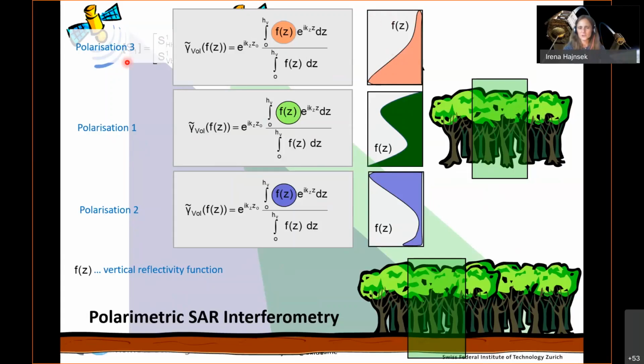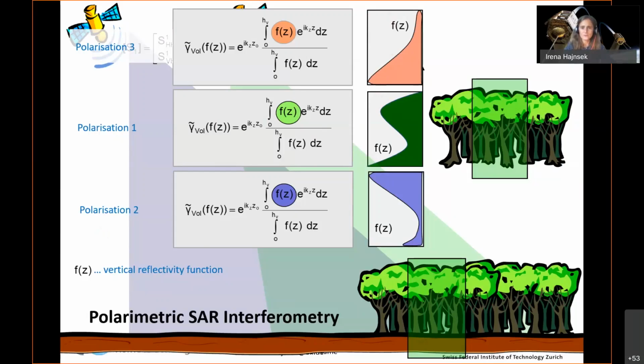So you see, you could choose a polarization that is either filtering features out that you don't like to see, or is enhancing scattering contribution in a certain area of this f of z. And this is very important to notice.